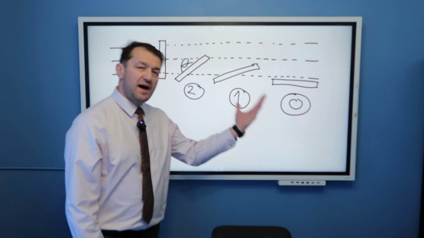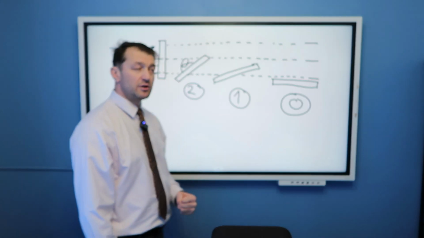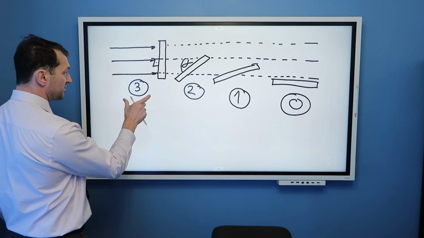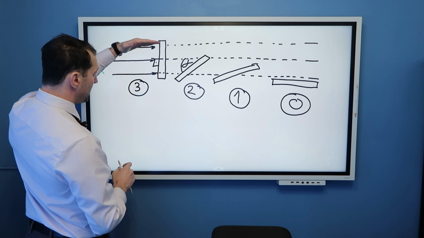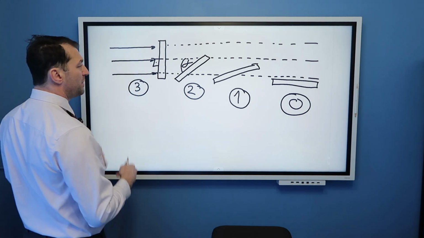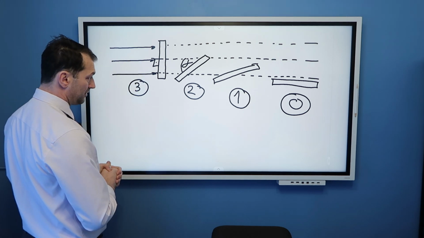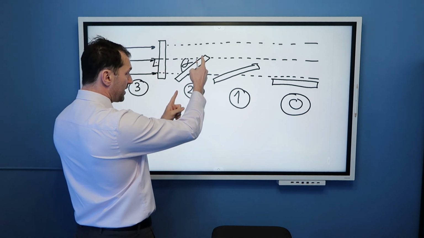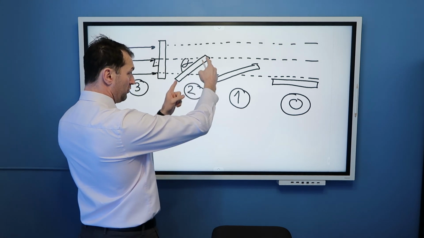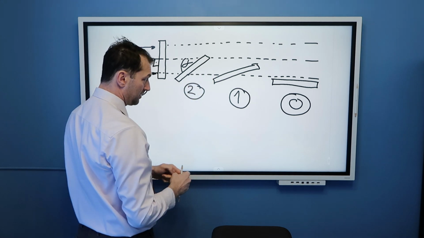We can also define this more technically, of course, in terms of flux. In this case, flux is 3 sun rays per the area of this surface per unit time, usually 1 second. In this case, flux is smaller. It is 2 sun rays per the same area of the surface per 1 second.